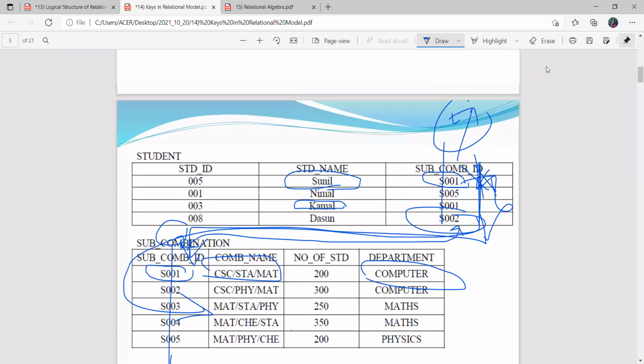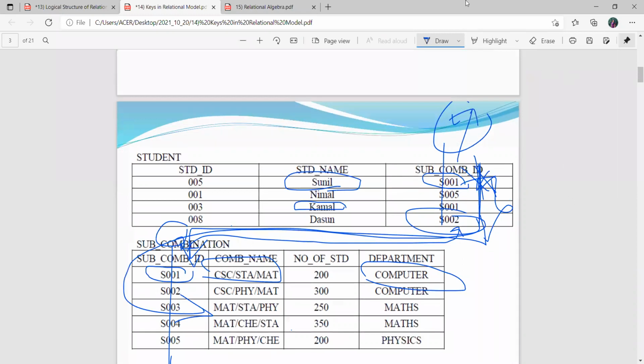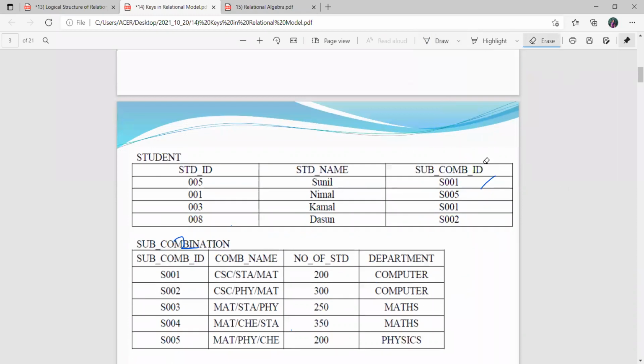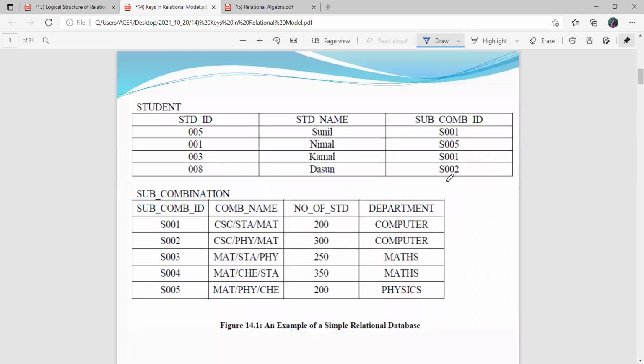This is the foreign key of the student table. You can see SS01, SS05, SS01, SS02. Now I'm going to insert SS03.